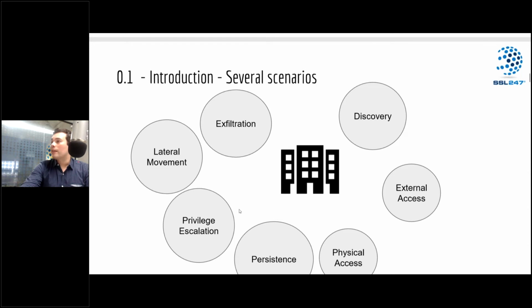So it looks a lot like that, but in the red team case, as it's a complete assessment, it uses that wheel as well. It uses all these scenarios that I'm going to go over further in the presentation.